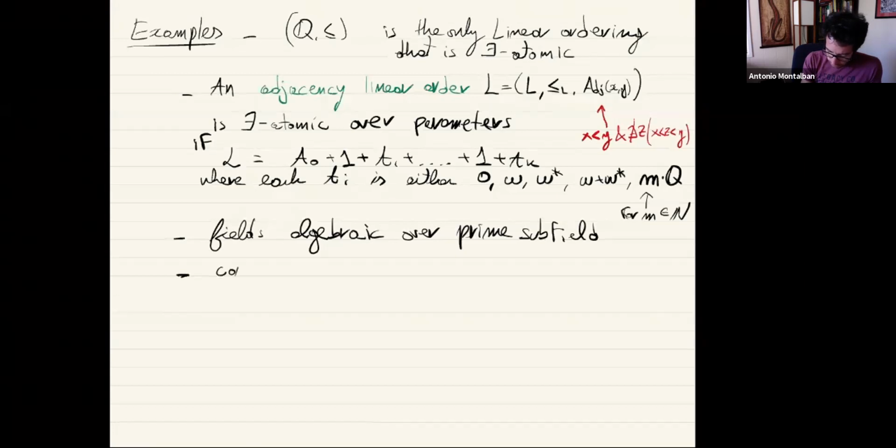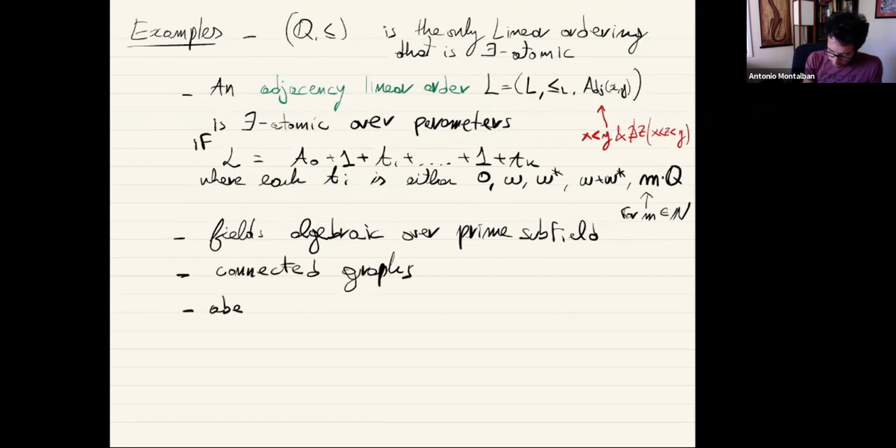Connected graphs are existentially atomic using one parameter. You need a parameter.